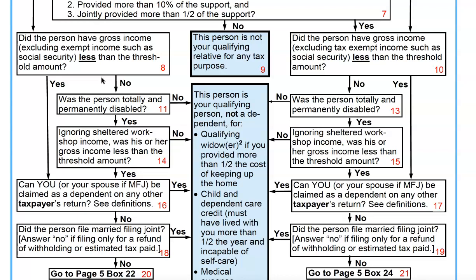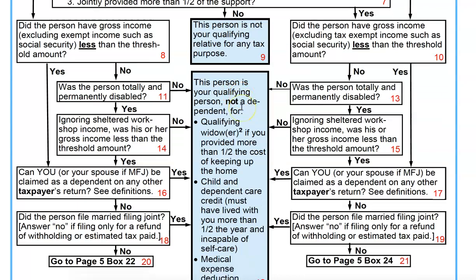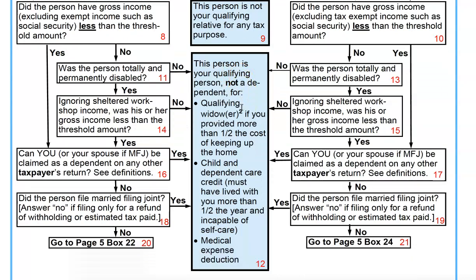So let's assume for the moment that Raymond made more than $4,300. So we're going to go down no. Was Raymond totally and permanently disabled? No. So here's our bottom line. Raymond is the qualifying person for qualifying widower, but that doesn't apply in this case. Sophia's spouse did not die. For the child and dependent care credit, which is also not relevant because there's no child care, and medical expense deduction.